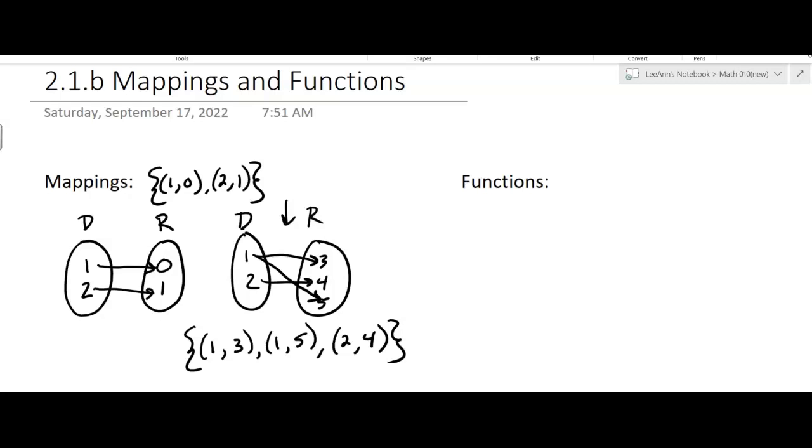Okay, some mappings are functions and some aren't. To be a function, you know what? They have 2 definitions in the book, and I was going to try to give you both, because sometimes it's hard to come up with that formal definition or understand it.